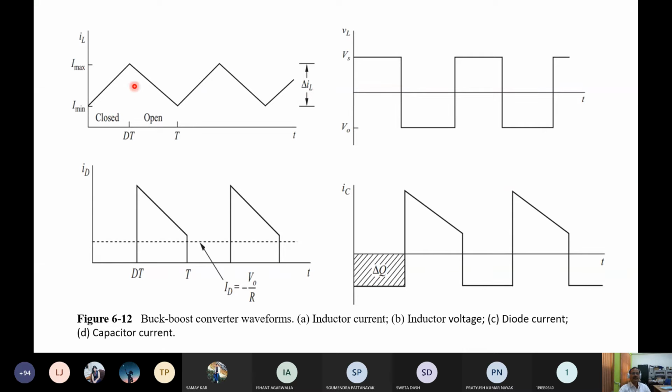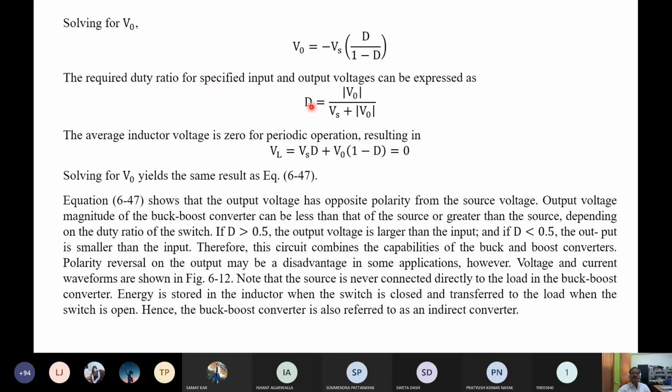So the average is here, this is the average line. IL plus del IL by 2 is the peak, and IL minus del IL by 2 is I minimum. And V naught is equal to minus Vs D over 1 minus D. That you replace here, get this one.